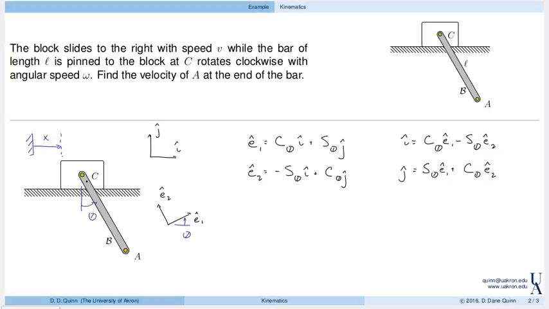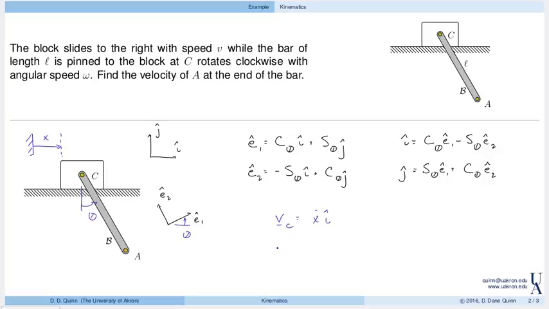So now, with that, the velocity of the block can be written in terms of I and J and the coordinate x, so that v of C, C here is the point at the center of the block, is equal to x dot in the I direction. In addition, we're told that the bar, B, rotates clockwise with angular speed omega.